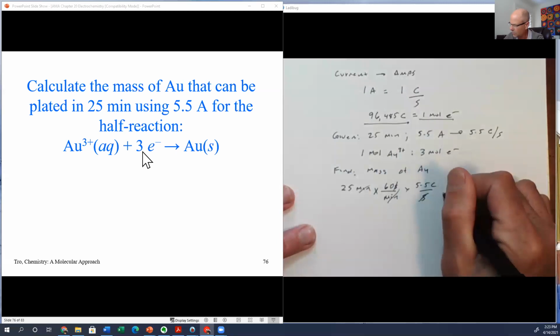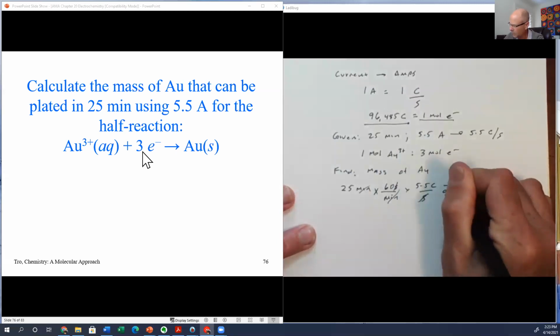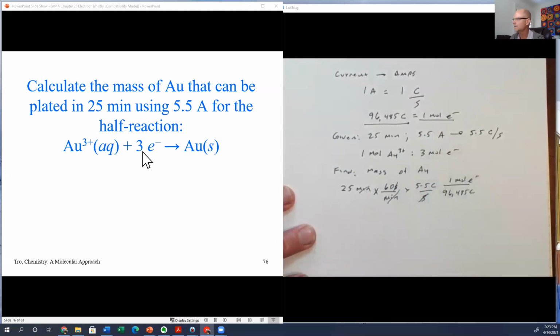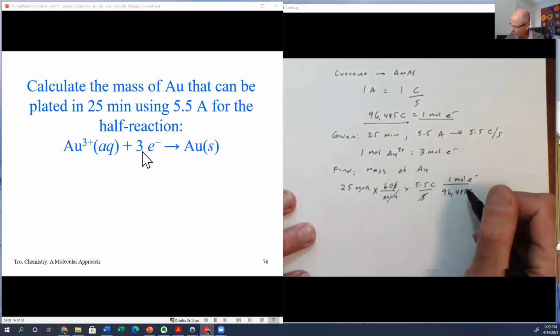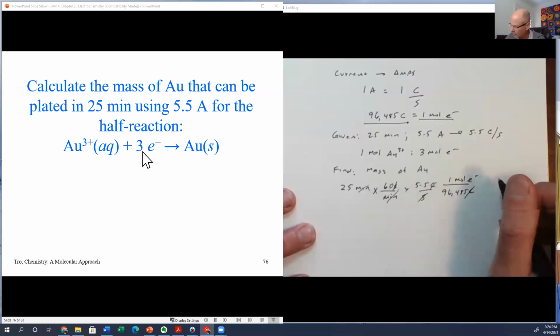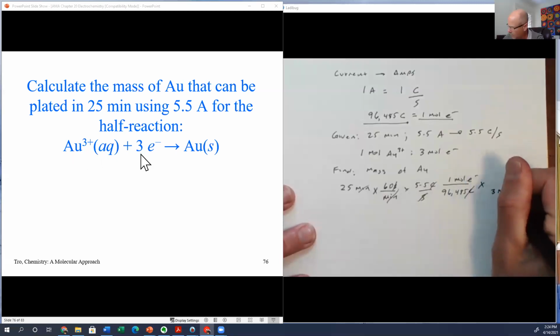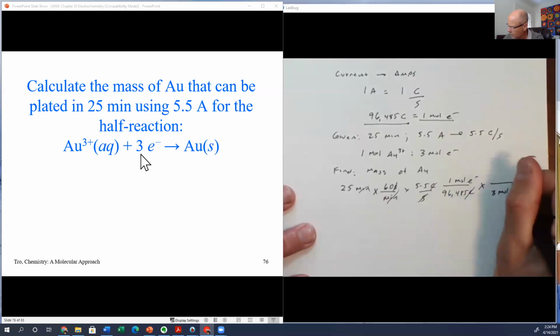So we'll use 96,485 coulombs per 1 mole of electrons, and now we get from coulombs to moles of electrons. Now we need a conversion between moles of electrons and moles of gold. What's that conversion based on the balanced equation? 3 to 1: 3 moles of electrons to 1 mole of gold.